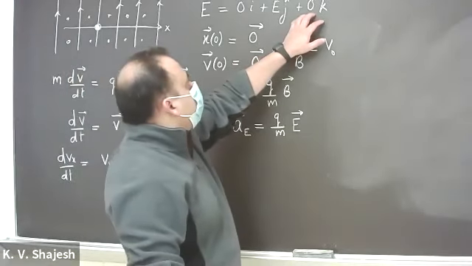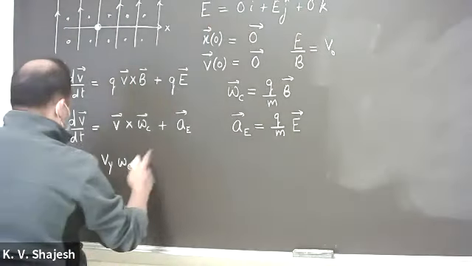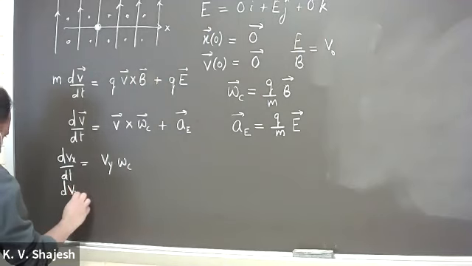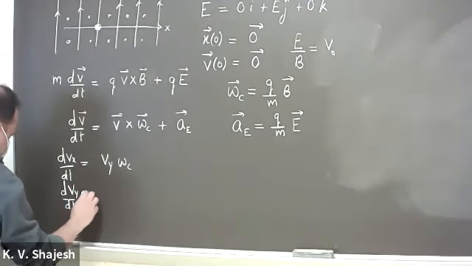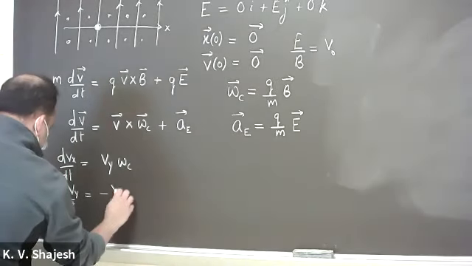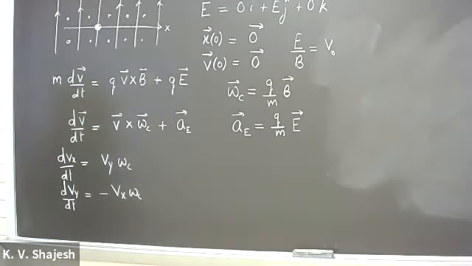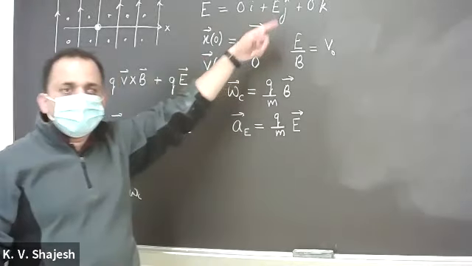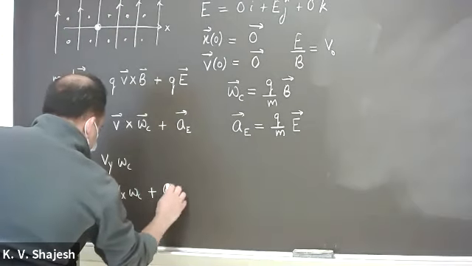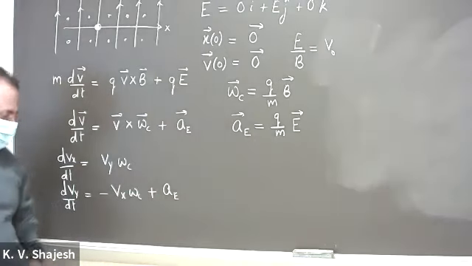No, there is no electric field in the x direction, so that's 0. What about the equation in the y direction? That's equal to minus vx times omega c, and now there is also a force from the electric field, so that's equal to plus a_E.